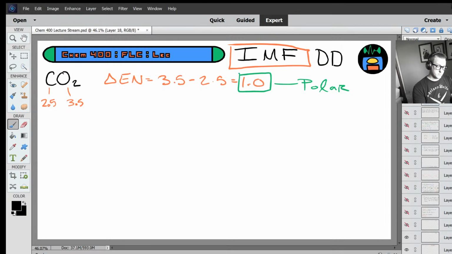So, let's look at the Lewis structure here.